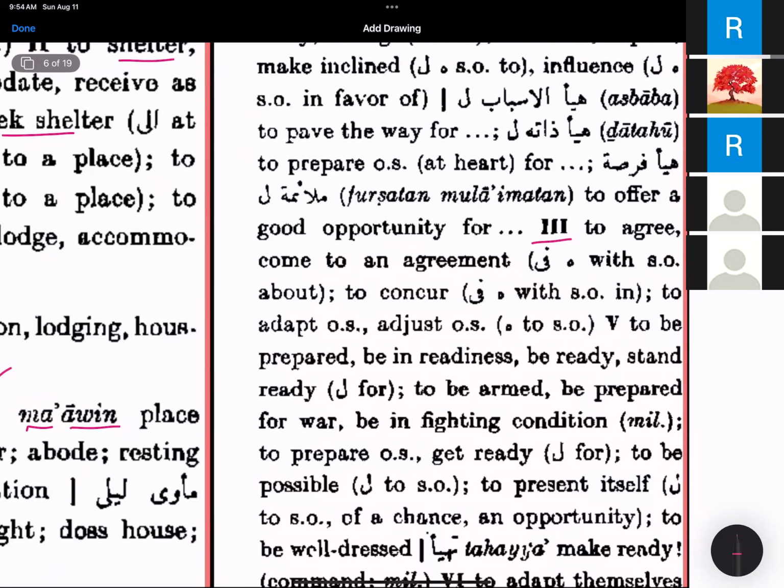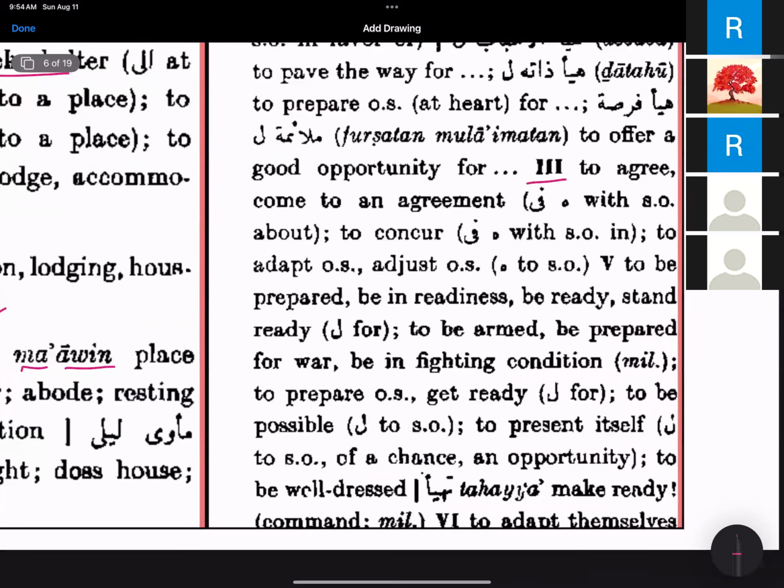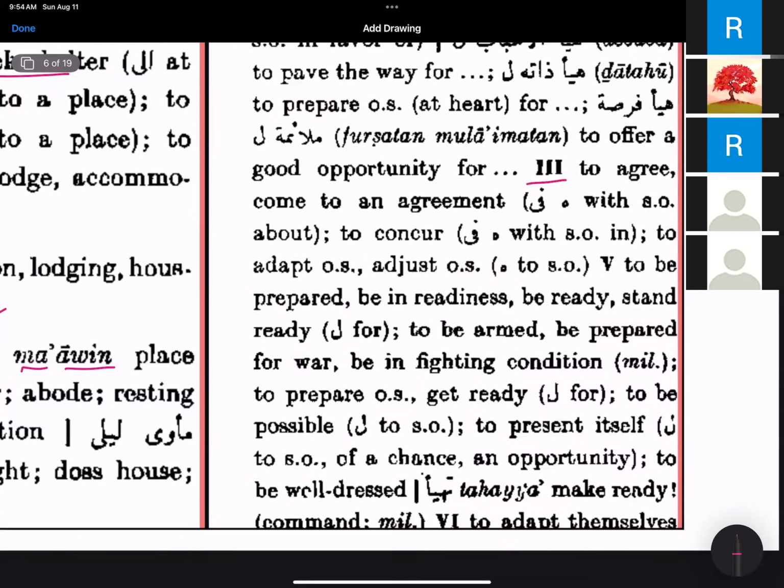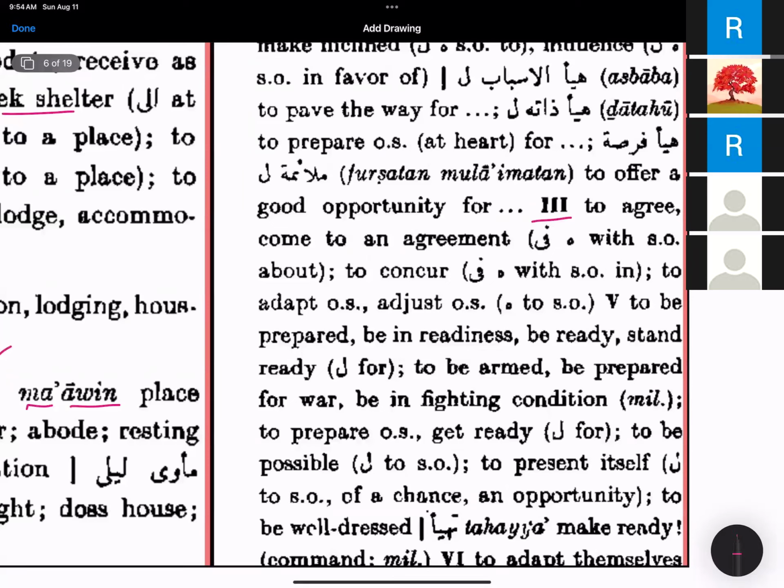Haya. Haya would be to agree, to come to an agreement. The hayya we use in Urdu, right? He has made hayya, we say he has made up his mind, right? So it means to make ready.